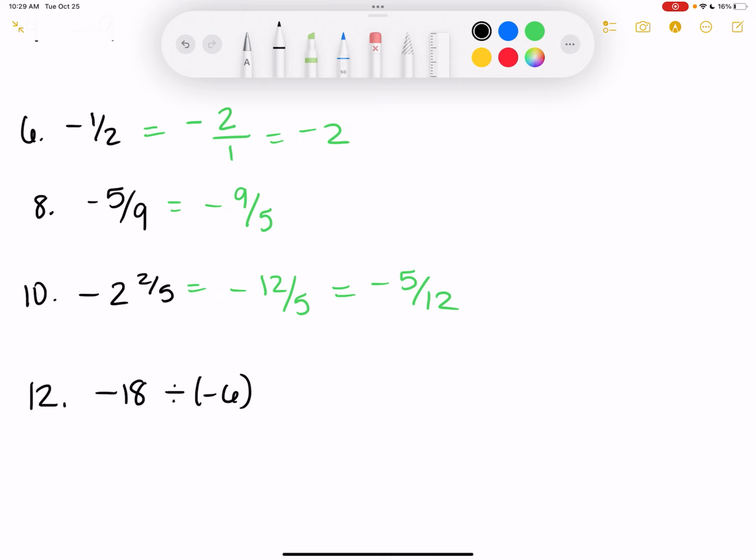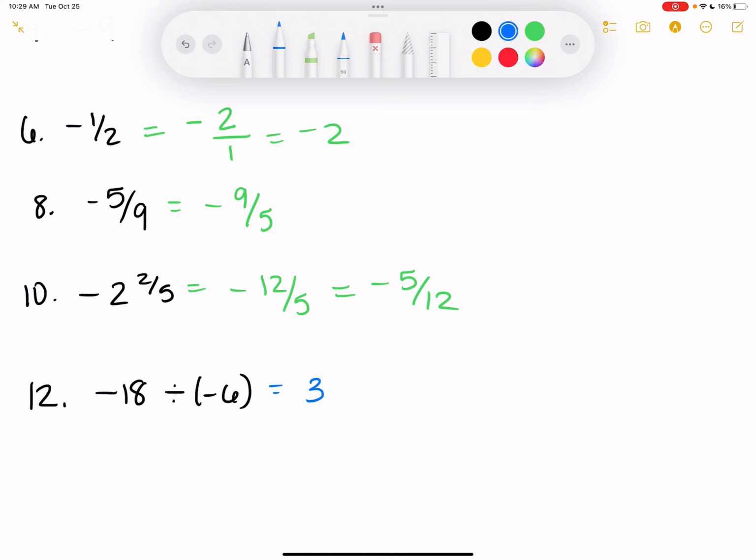Now, do you just happen to know what negative 18 divided by negative 6 is off the top of your head? 3. So it is equal to 3. I will show you how to do it just so that if you had another one that you didn't know off the top of your head, you would know how to set it up.